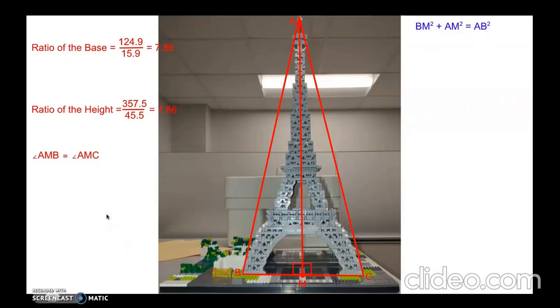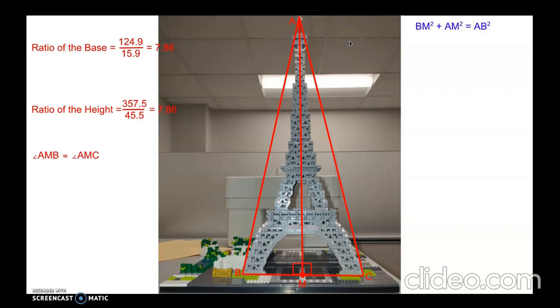And so up next I'm going to be using Pythagorean theorem to show that these hypotenuses of triangle ABC are the same. So we'll start with AB. So I know that's going to equal BM squared plus AM squared. So BM is here and AM is here.